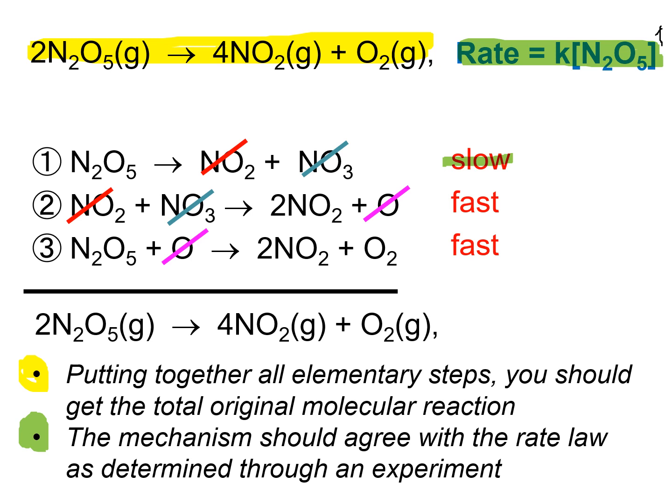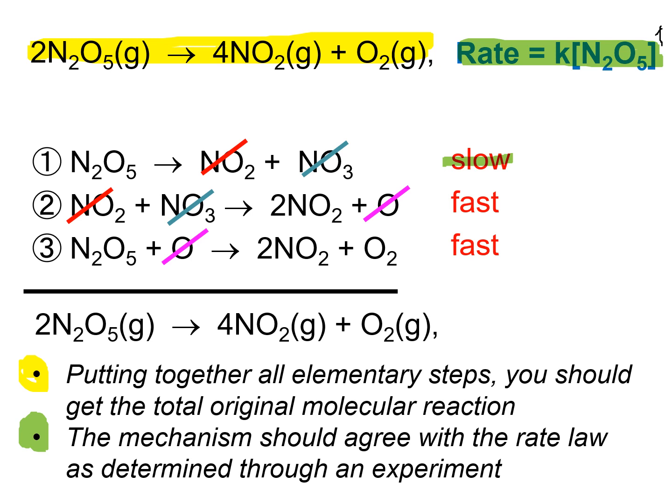As we have seen in the analogy of the evacuation of the building, what's really critical is the slow step. The slow step is going to determine the total speed of the process. So it's the rate determining step. Whenever you are solving these exercises, ignore the fast steps and just focus on the slow step.